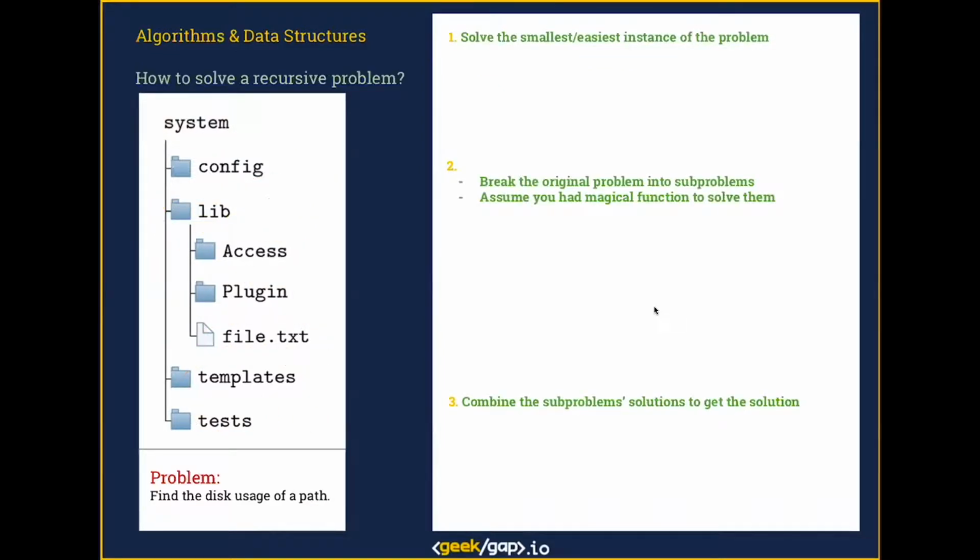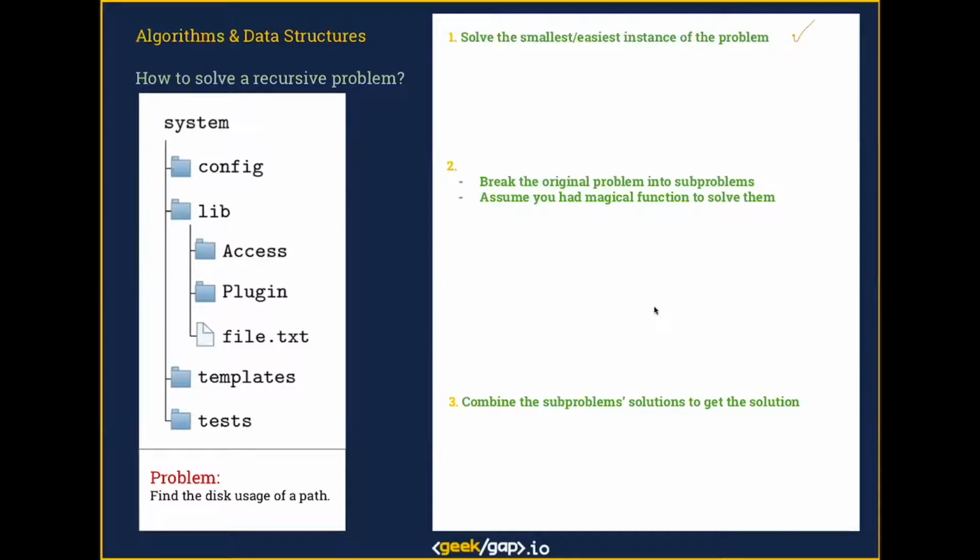The general pattern that we're going to follow to solve recursion problems is the following. We're going to solve in 3 different steps. First of all, we want to find the smallest or easiest instance of the problem that we want to solve.